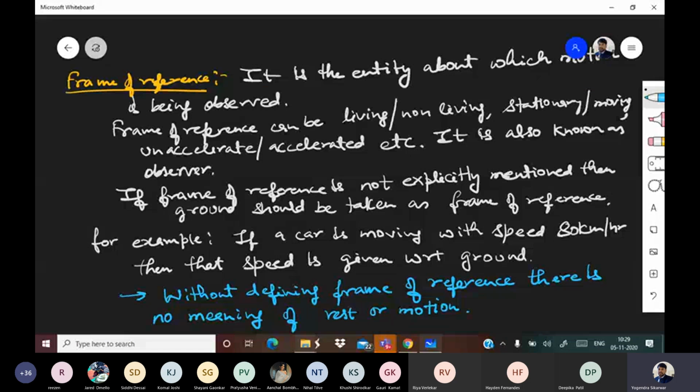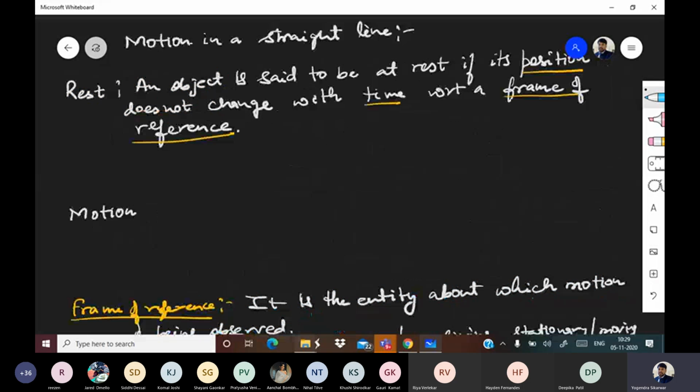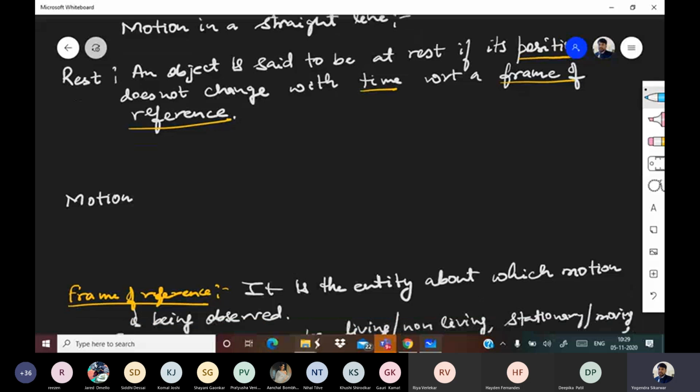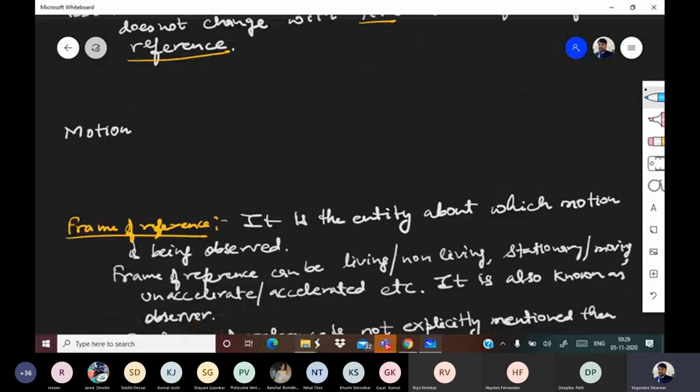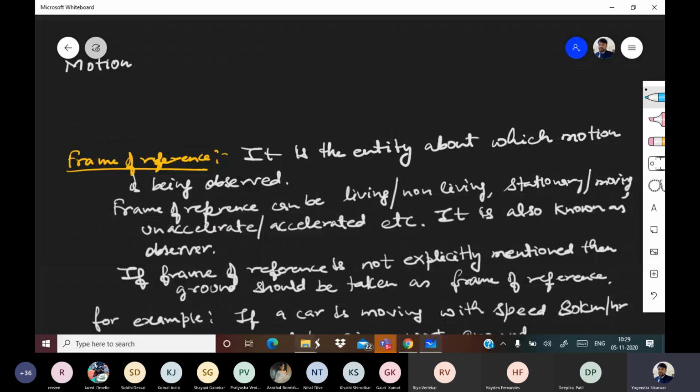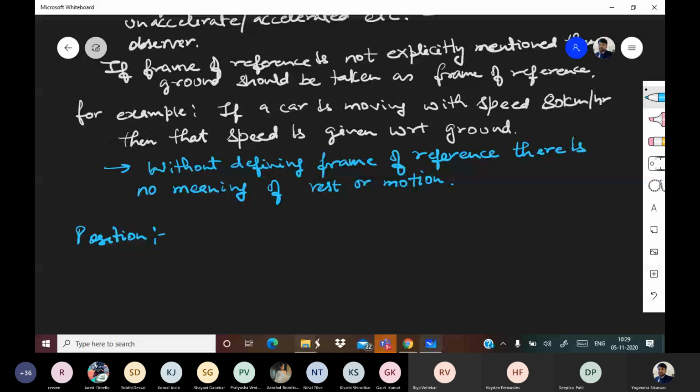So what is position? In your room, where you are sitting right now, imagine a corner, or you can choose a corner, and in that corner, imagine a small insect or ant.